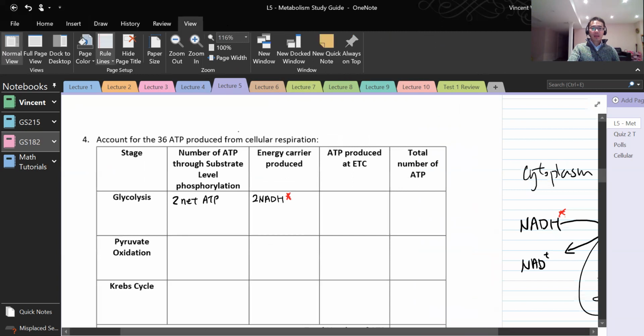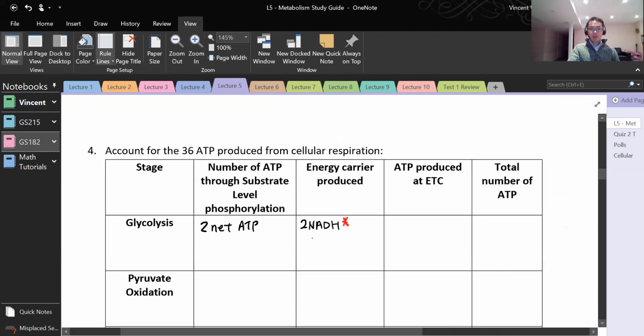All right. So what happens is the NADH, as I said, will basically pass the electron to the FADH2 in the matrix. And these NADH will be in the cytoplasm, right? So ATP produced, right?